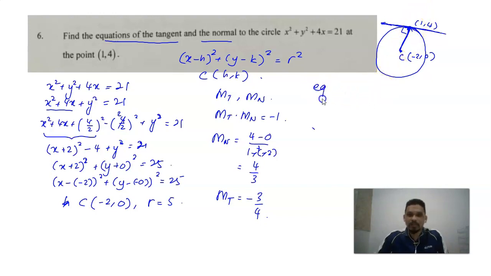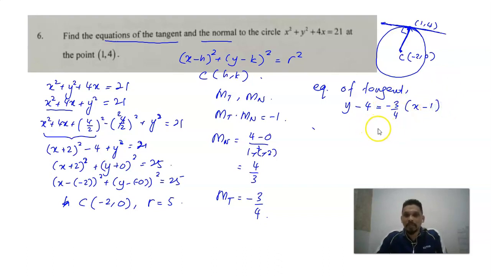So the equation of tangent: y minus 4 equals the gradient of tangent. Where is the gradient of tangent here? Negative 3 over 4, times (x minus 1). So negative 3 over 4 x, minus negative becomes positive, so 3 over 4.